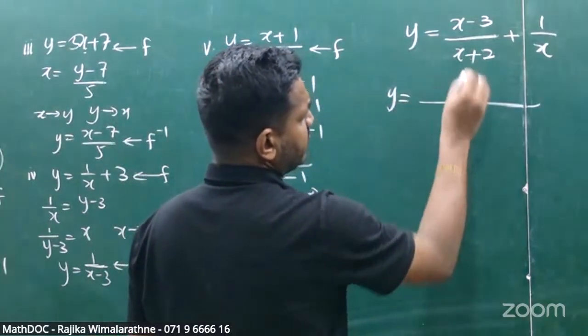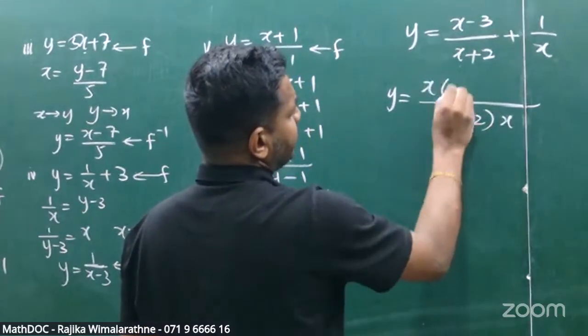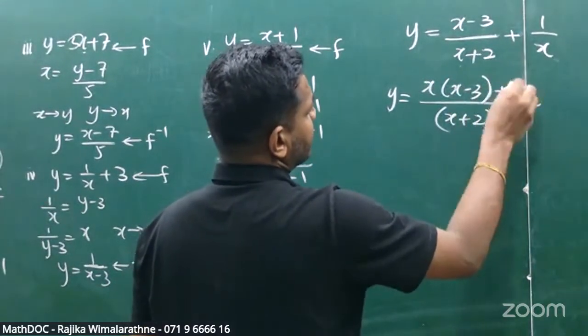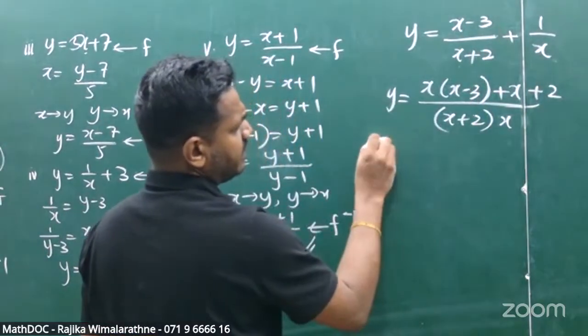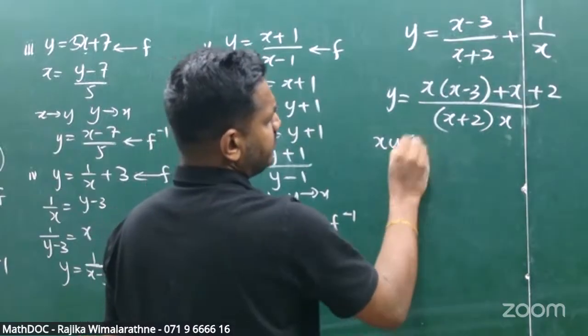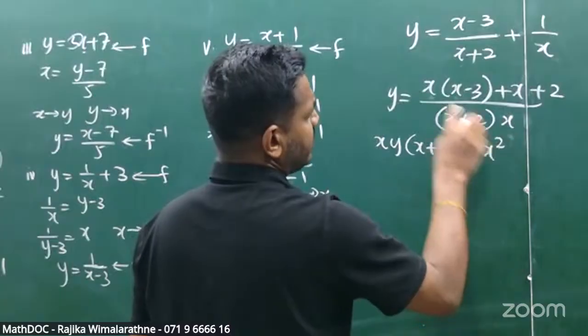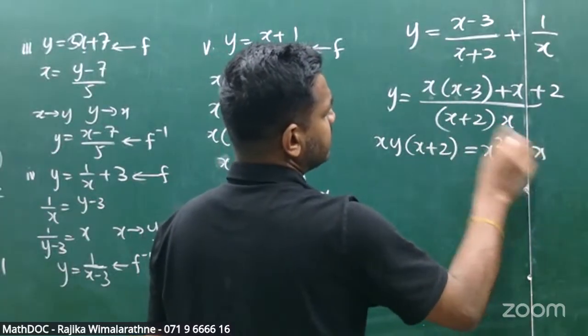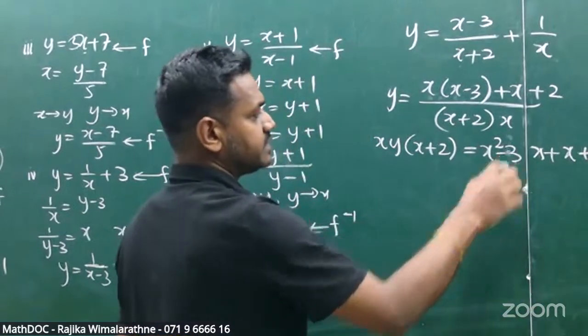Get a common denominator, x plus 2 times x, cross multiply this way, then again cross multiply. Here xy times x plus 2, here expand: x squared minus 3x plus x plus 2. Likewise, we just expand.